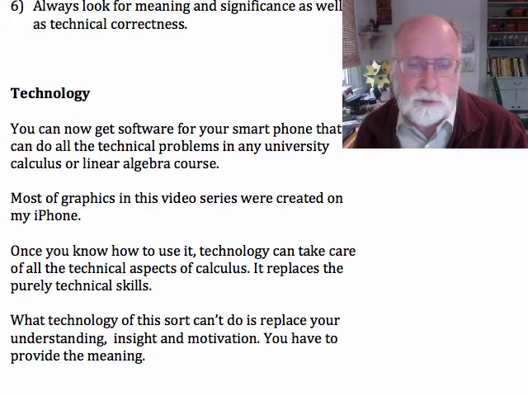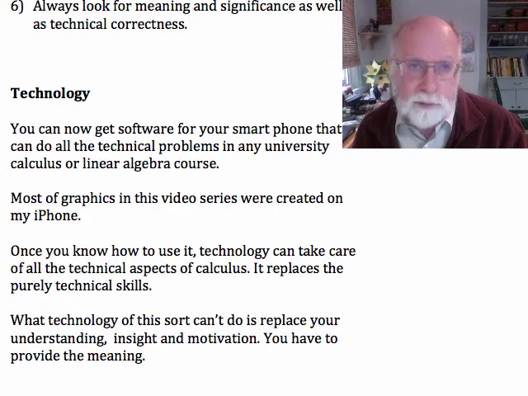The software is very modestly priced, and you should actually be looking into this and learning how to use it, because in the future it will be this software that does all of this technical part of calculus. In this video series, in fact, most of the graphics are produced on my iPhone. So you should learn how to use this technology and go ahead and use it.